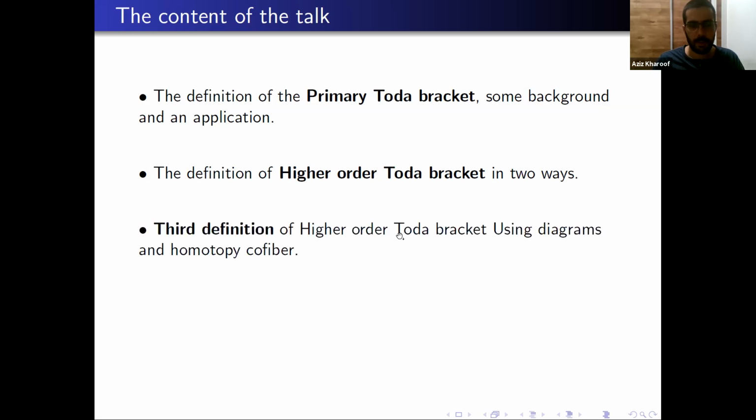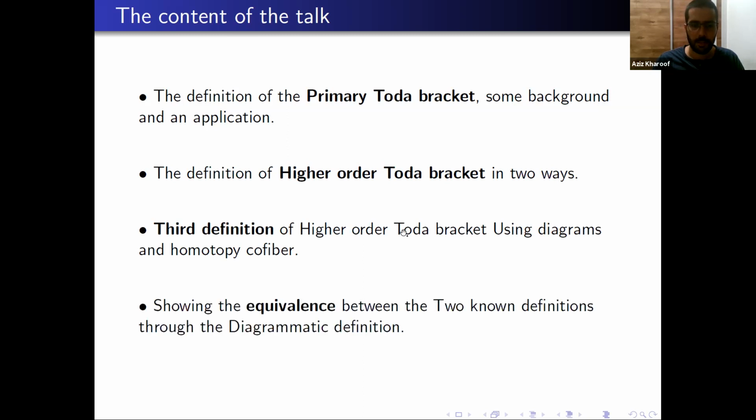Then I will give a third definition, which uses homotopy limit. I called it the diagrammatic definition. And by this definition, finally, I show the equivalence between the first two definitions. This is the plan of the talk today.